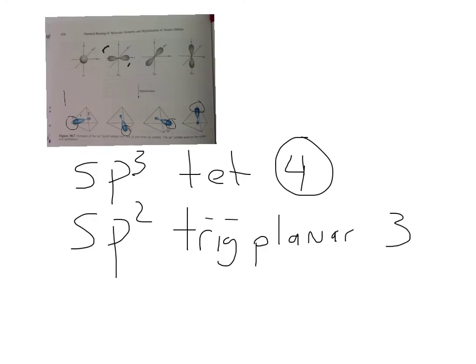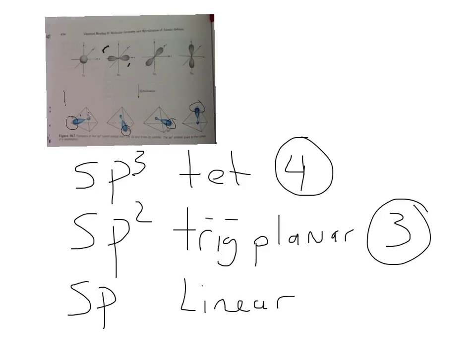And again, if you add up the total number of atoms bonded to the central atom plus the number of lone pairs on the central atom, if it comes up to 3, you know that's an sp2 hybridization on that central atom. And of course we said sp is with most linear molecules, and you need 2 hybrid orbitals. And so if you count up the number of atoms bonded to the central atom and the number of lone pairs on the central atom, if it comes up to a total of 2, then you know the hybridization is linear.